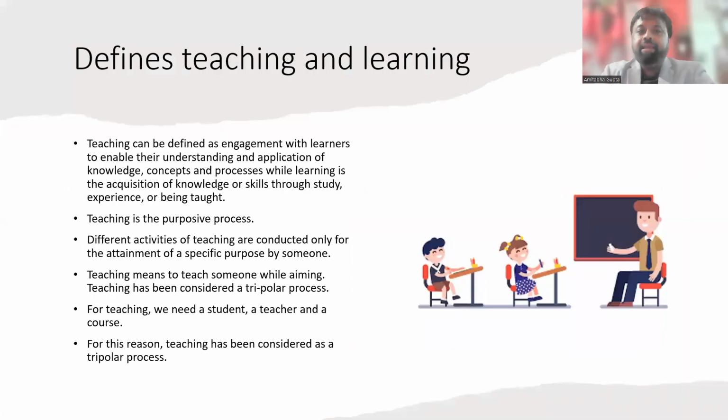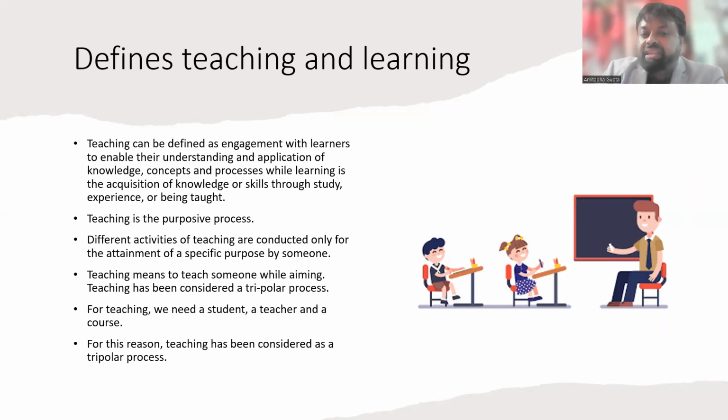Now let us define teaching and learning. Teaching can be defined as the engagement with the learner to enable their understanding and application of knowledge, concepts, and processes, while learning is the acquisition of knowledge or skills through study, experiences, or being taught. Teaching is a purposive process.